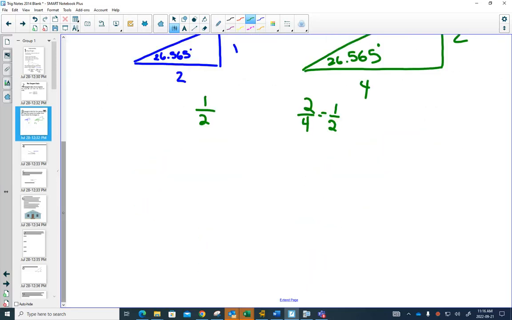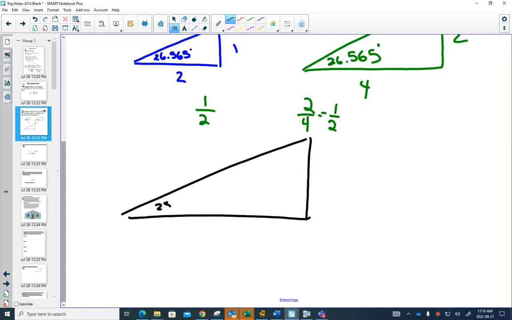Problem-solving question. I'm going to draw a triangle. I'm going to tell you that this angle is 26.565, that's ugly, and that this side is 7. How long is that side? Is it... no. Close. 14.